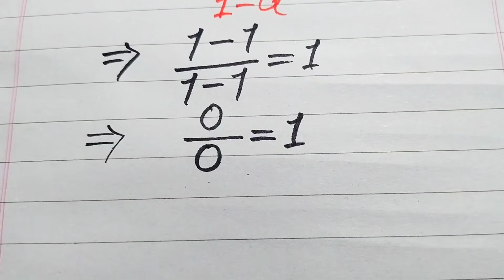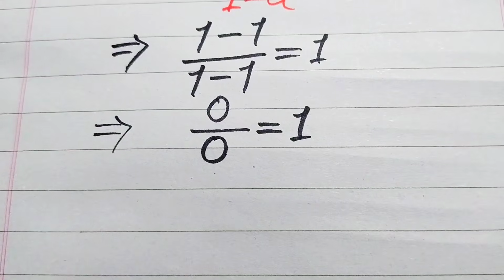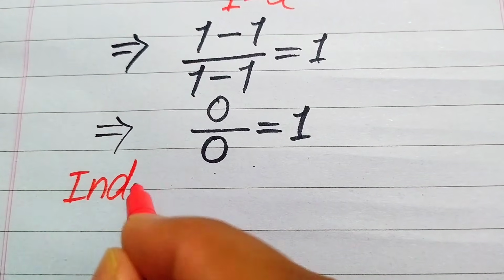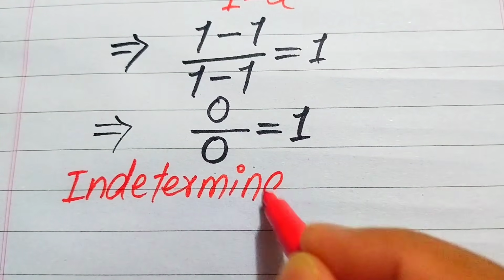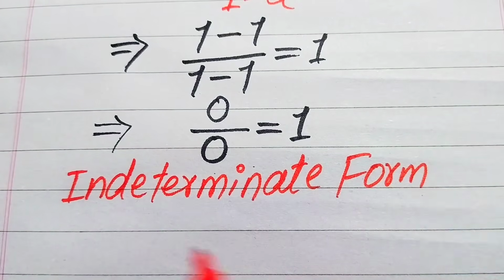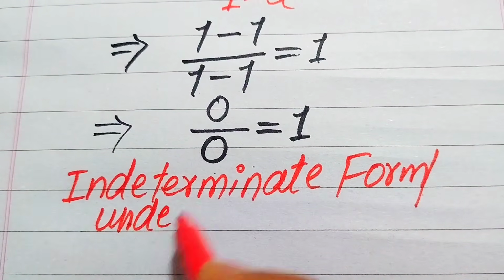So you see here in the left hand side we get the 0 over 0 form, and we very well know that it is usually called the indeterminate form. So our left hand side becomes an indeterminate form, or in other words we say that it is undefined.